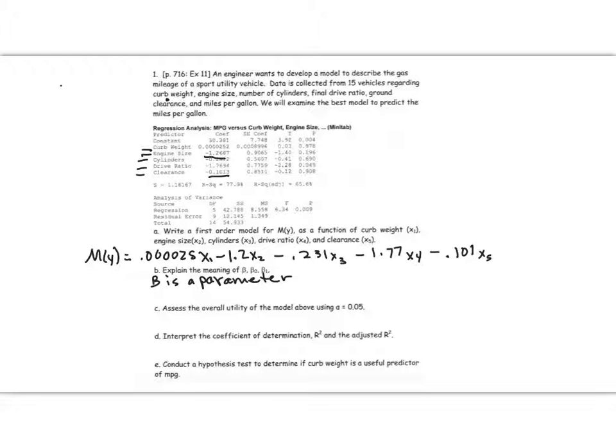Since we can't, or most often can't, get the value of the population, we take a sample, hence the need for the study of statistics. And then B0 or beta 0 is the y-intercept of our population.